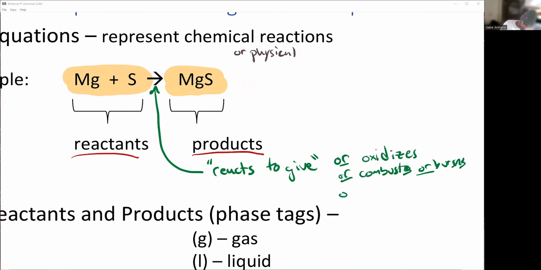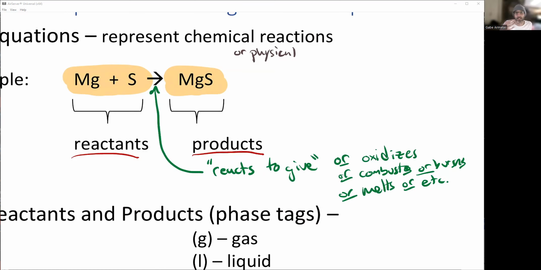And we can actually have physical changes too, like melts, or boils, or evaporates. So anything that sounds like a chemical or a physical change, that's where your arrow belongs. So reactants react to give, or any of the many words you might hear, to give us products. So that is the chemical changes that we're actually seeing.